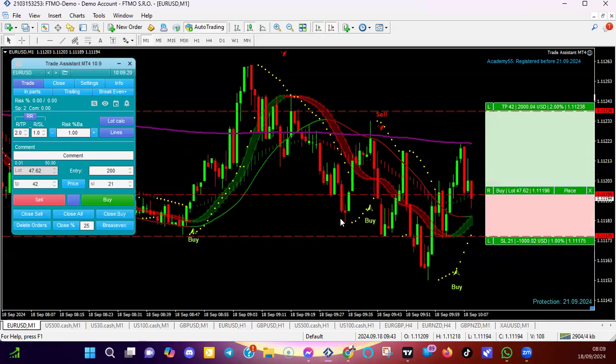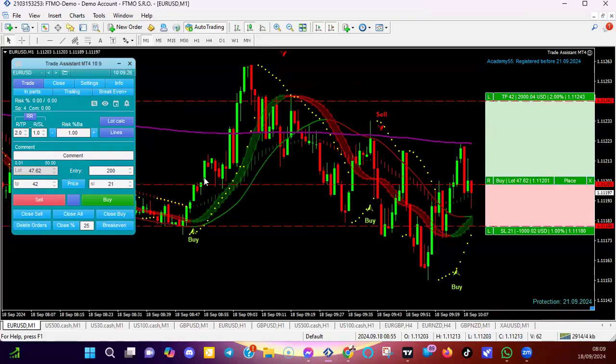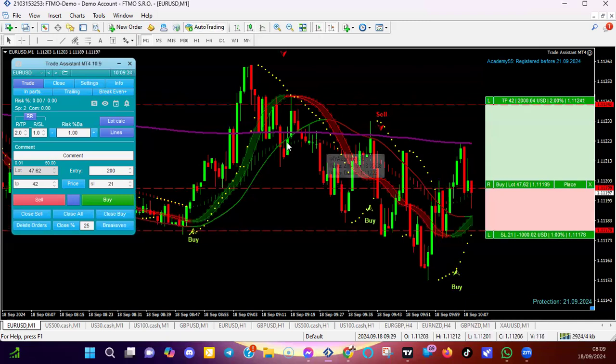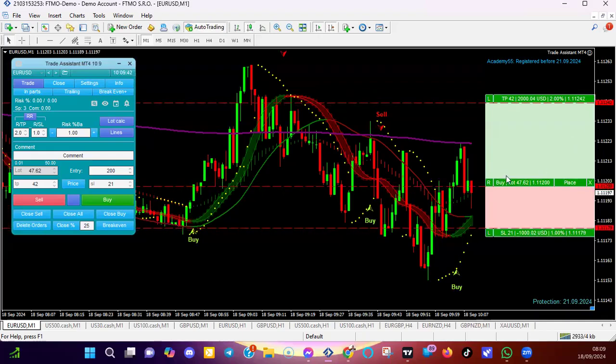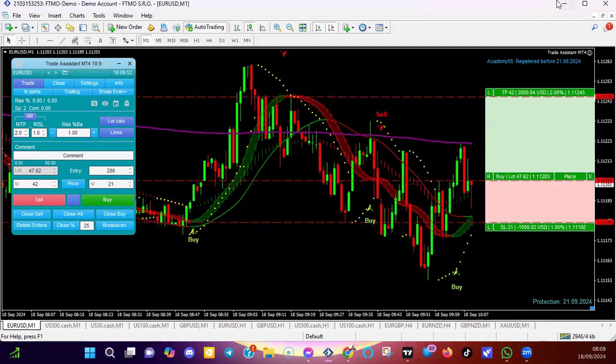Bit unsettled trading at the minute. Not a very good scene to actually be trading in. Seeing all this nervous volatility here. So a good time just to watch, and hopefully things settle down and get clearer confirmations.